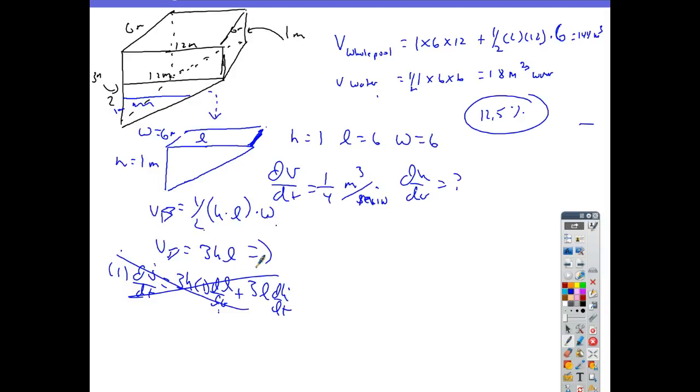Well, how are H and L related? The 3 in front? No, that's part of the volume thing. When we first started this problem, we said this was 6 meters across here. We filled it with 1 meter of water. How did we come up with that?